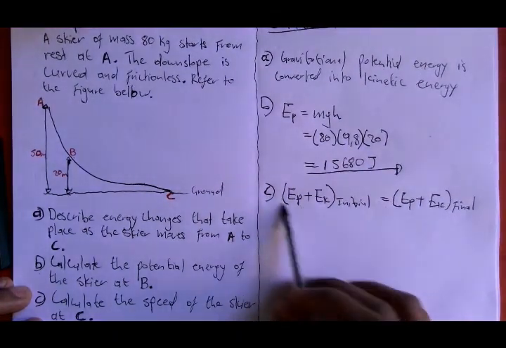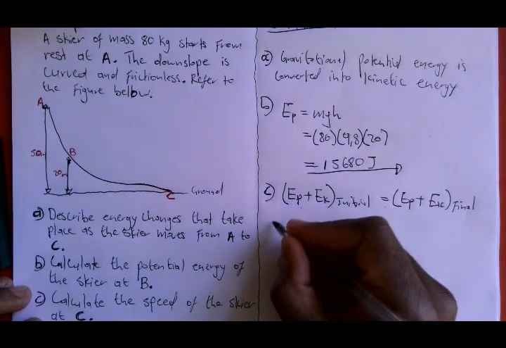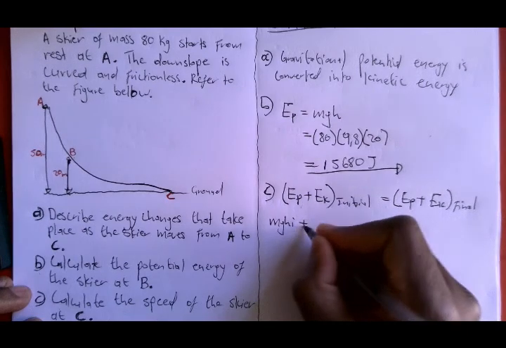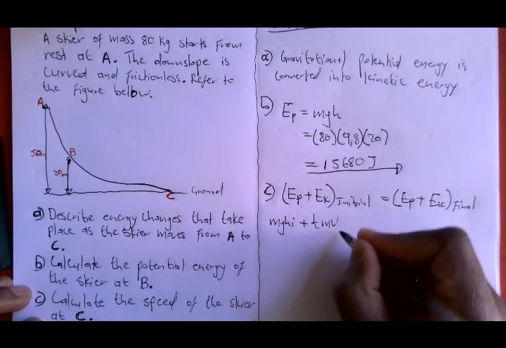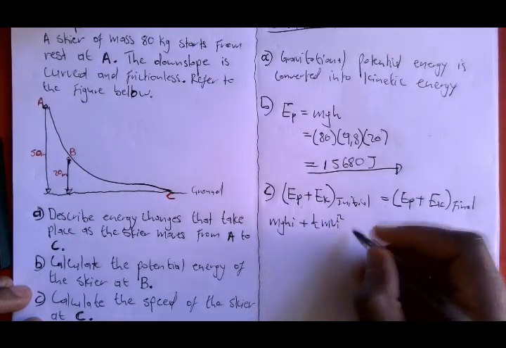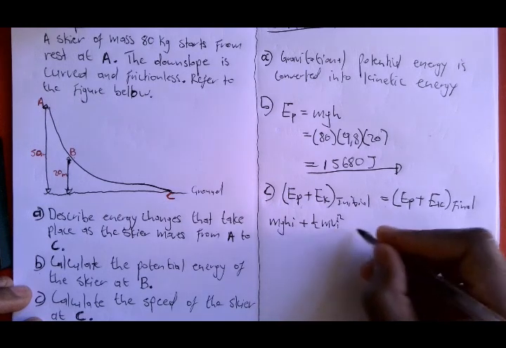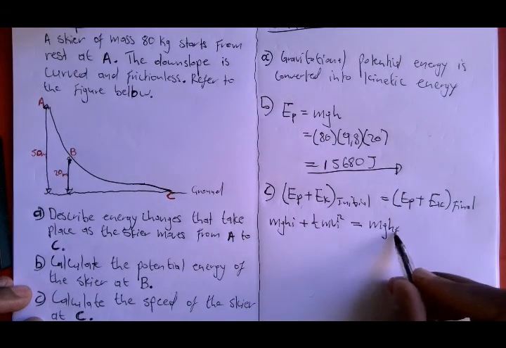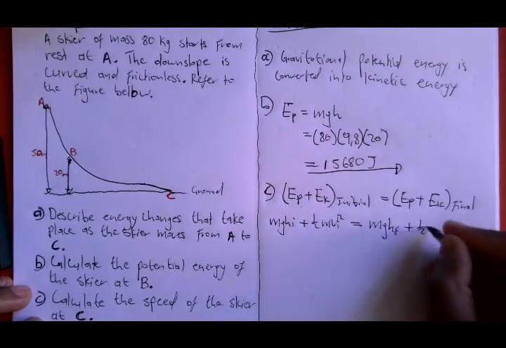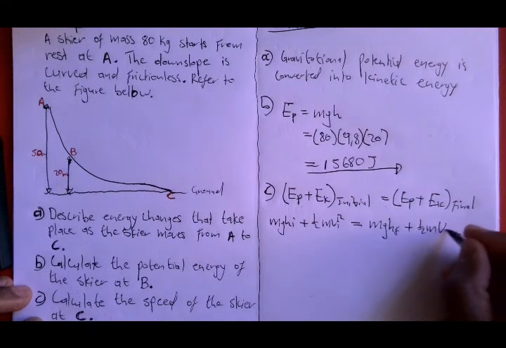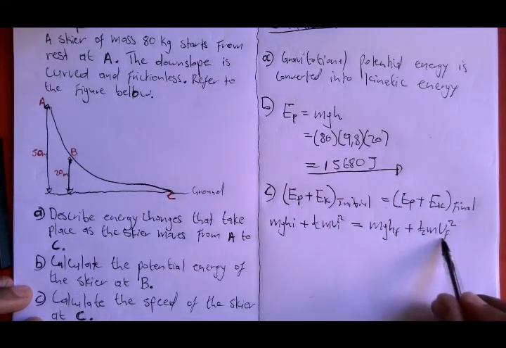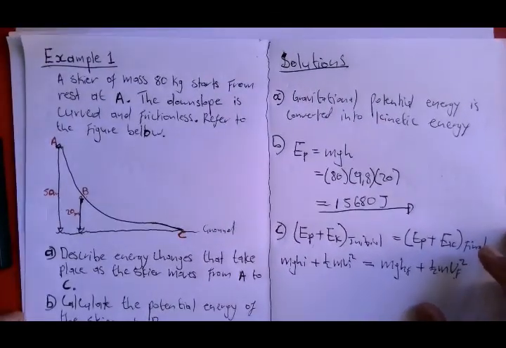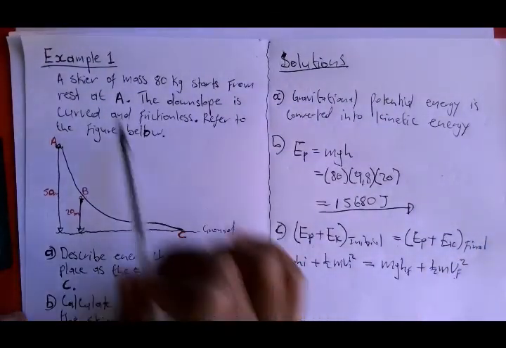So we're going to have mgh initial plus half mvi squared, where i is for initial, equals mghf, f for final, plus half mvf squared.